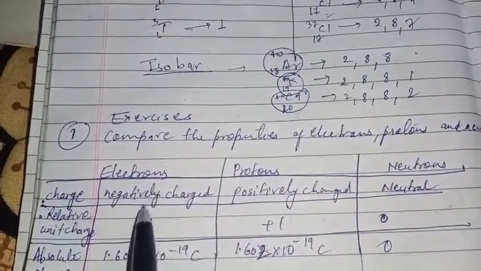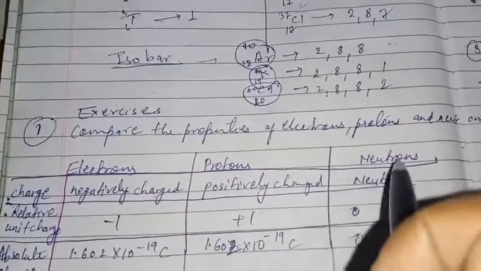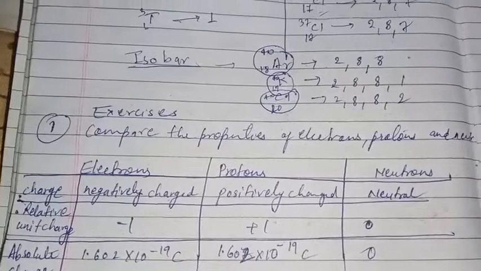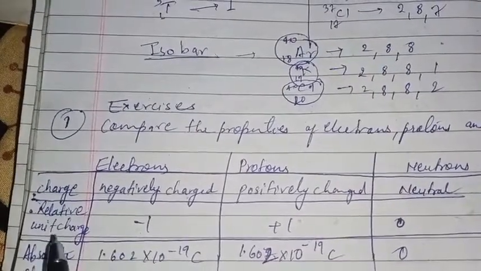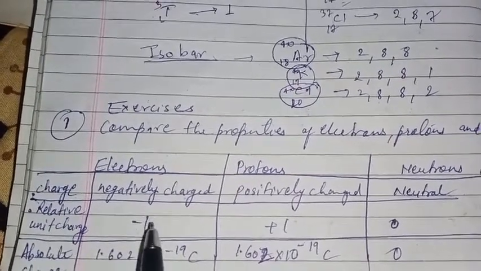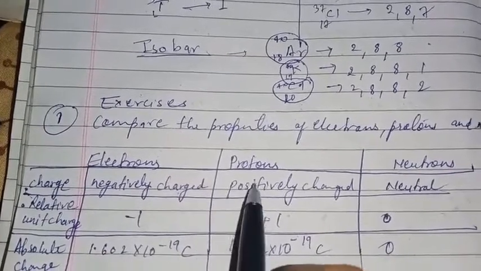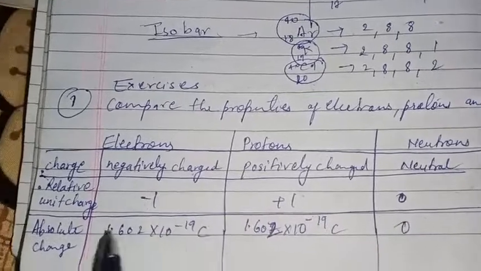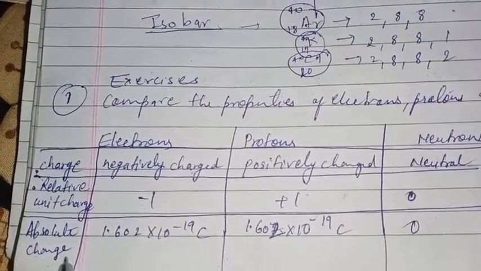Electrons are negatively charged, protons are positively charged and neutrons are neutral in nature. Next I have done the comparison with relative unit charge. The relative unit charge of electron is -1, proton +1 and neutron 0.